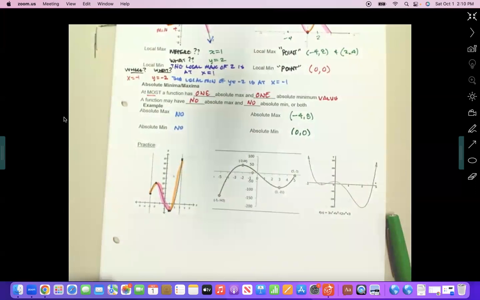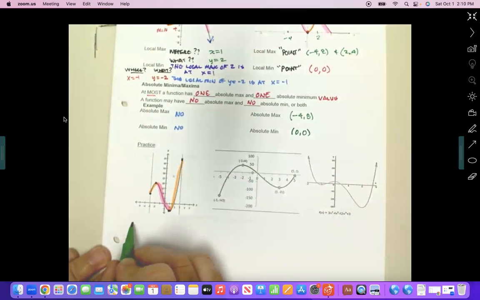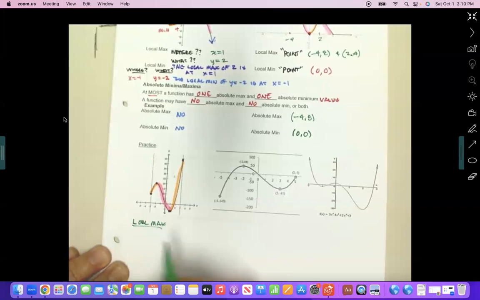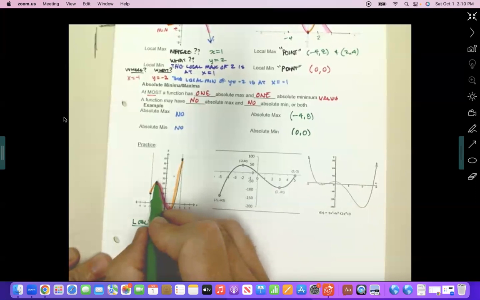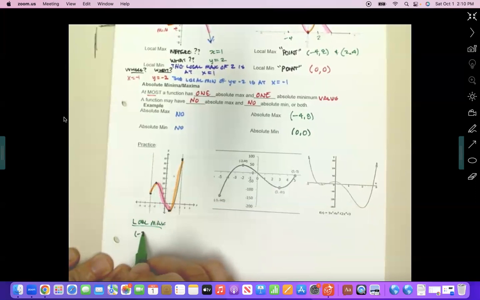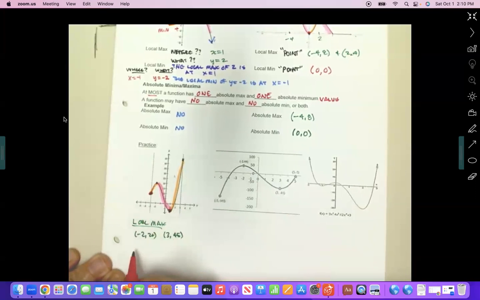And you'll see from this that we do have local maximums, and the first one's here at -2, 20, and then the second one is at 3, 45. Our local minimums are here and here.